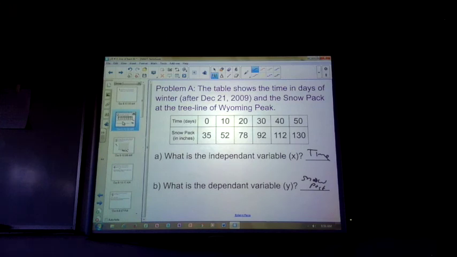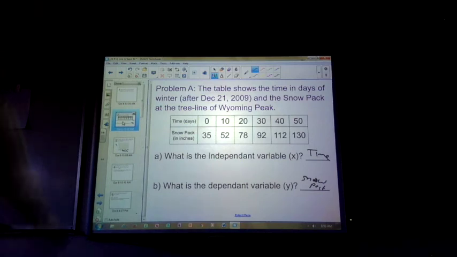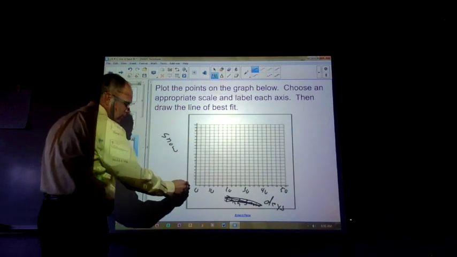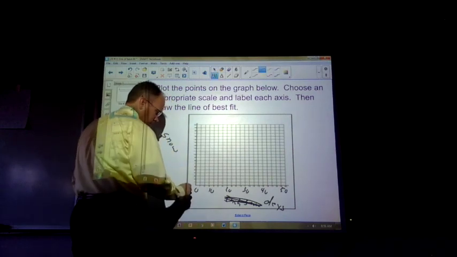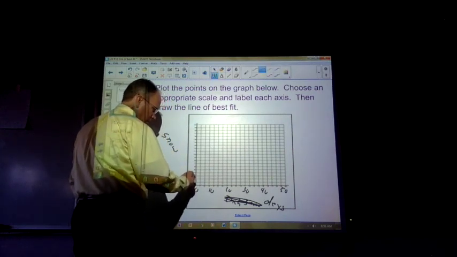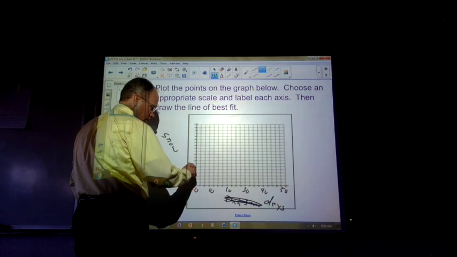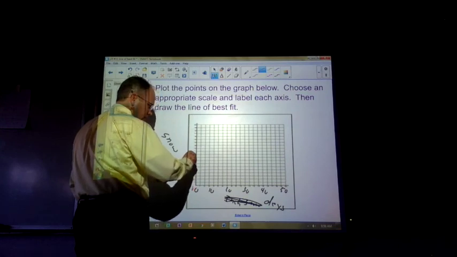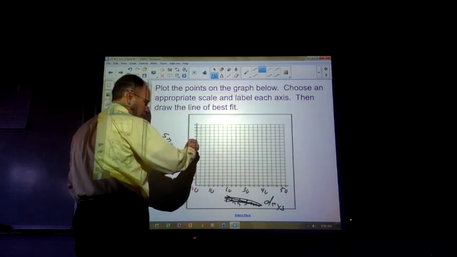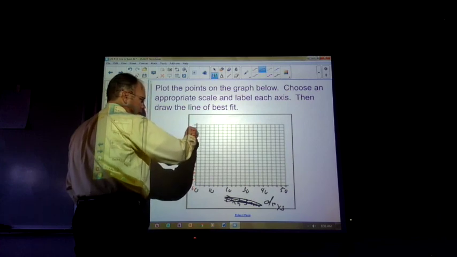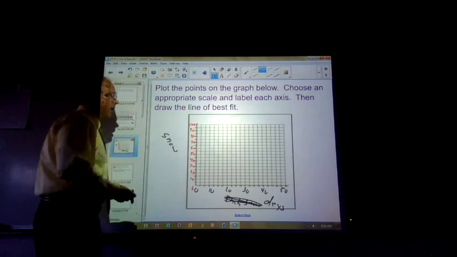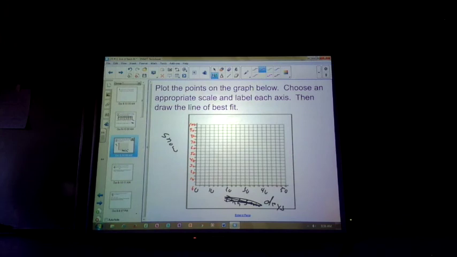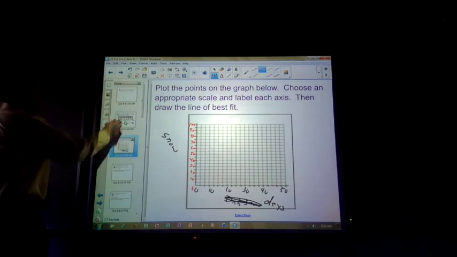No. Count by fives? Maybe. I'd say maybe count by tens. If I count by tens and space it out, it's 0, maybe 10, 20, 30, 40, 50, 60, 70, 80, 90, 100. I might not have gotten quite enough, but I think we can make a pretty good scatter plot.